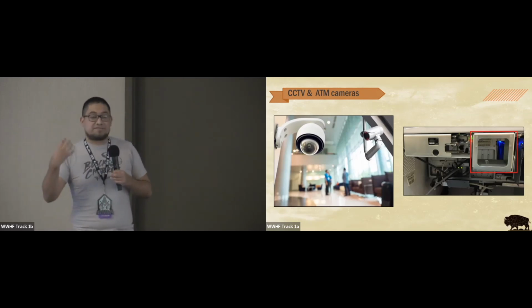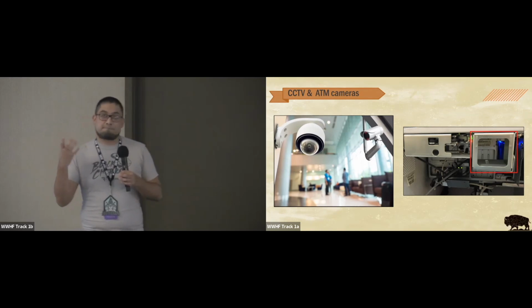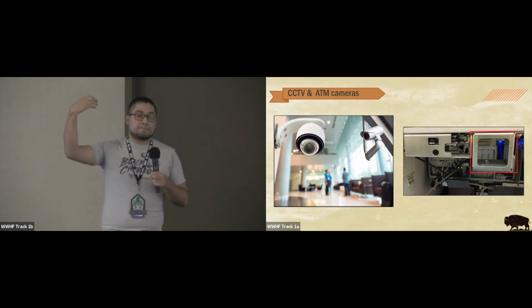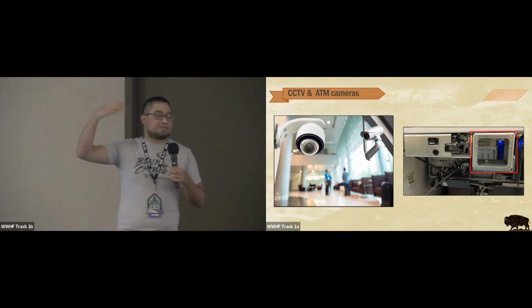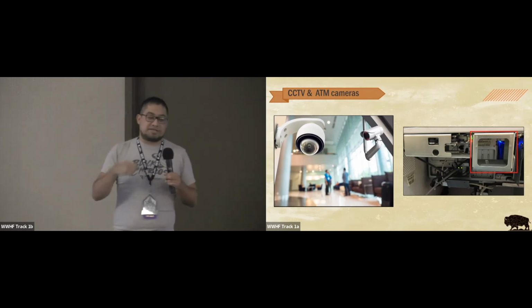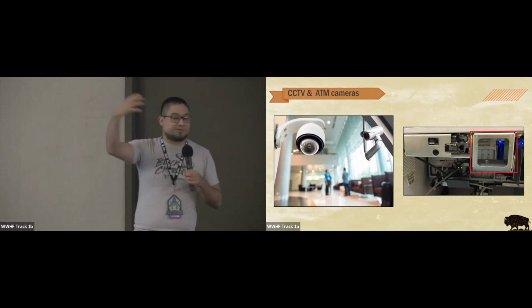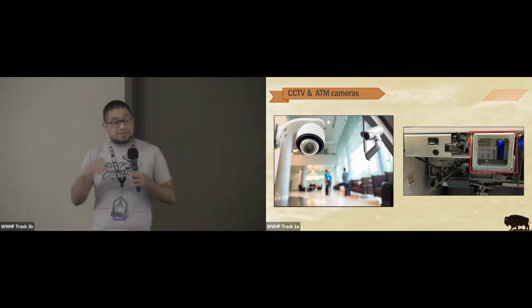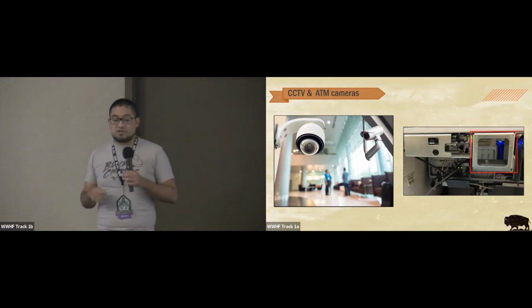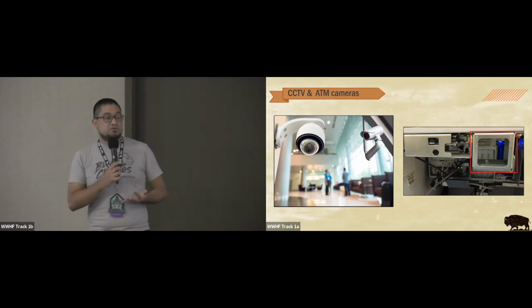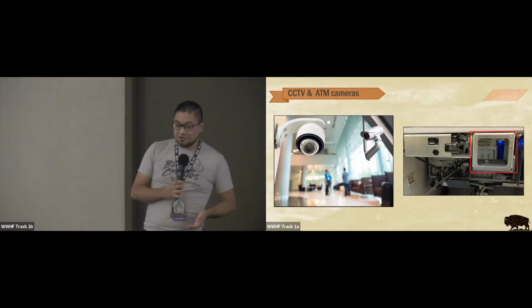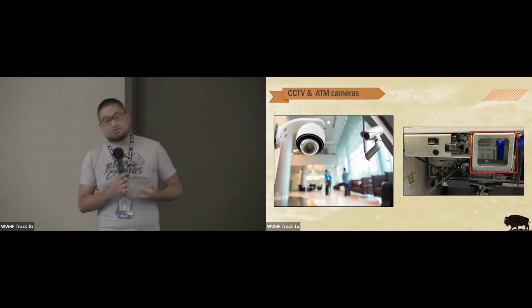And that's one thing I have seen a lot of times: there is a CCTV camera, but sometimes it's recording somewhere else. I have to say, hey, you have a camera, but you have to move it because it's not recording that ATM. Or when I open the ATM, I have seen that you don't have a camera, or you have a camera but it is not connected, or it is connected but it's not recording.